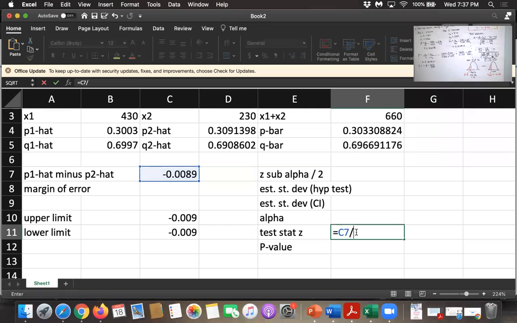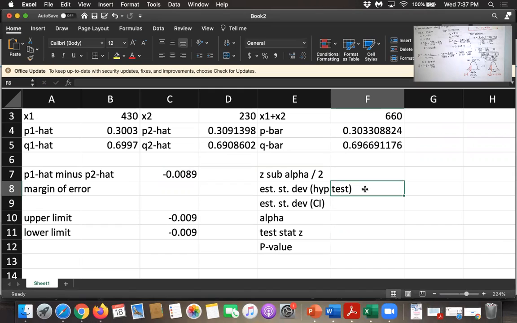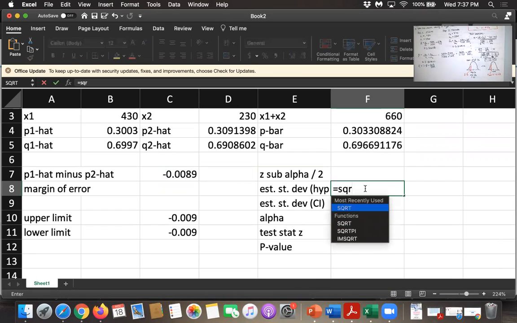Okay, so actually before I ask for my test statistic, I want to compute that estimated standard deviation for the hypothesis test. And again, this is the one that includes that P bar and Q bar, because we are assuming that P1 and P2 are equal to each other. And our best guess for what P1 and P2 are equal to is that P bar. So the estimated standard deviation in this case is the square root. So type equals SQRT, open parentheses, of P1 hat times Q1 hat.